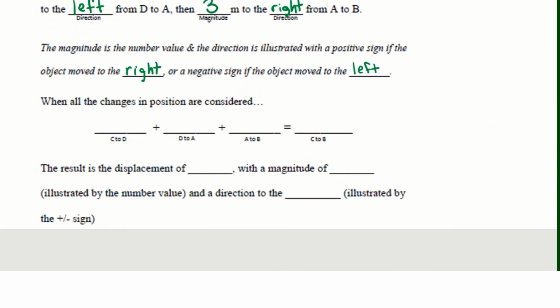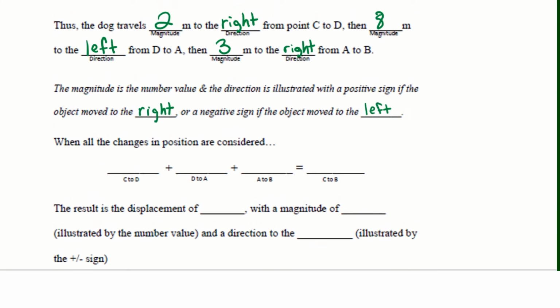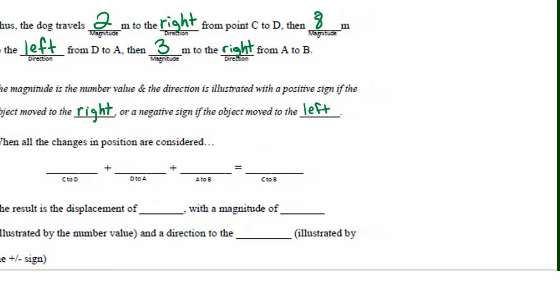Then it says, when all the changes in position are considered, what would you see here? So if I'm actually applying those positive and negative signs to these magnitudes to illustrate those vectors, then how would they look when I'm taking into account all of those changes in position?